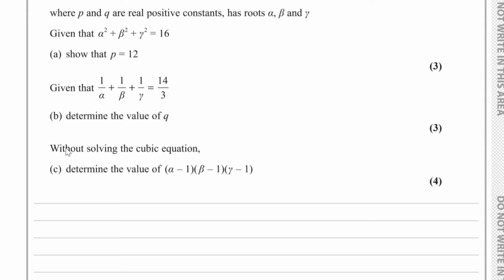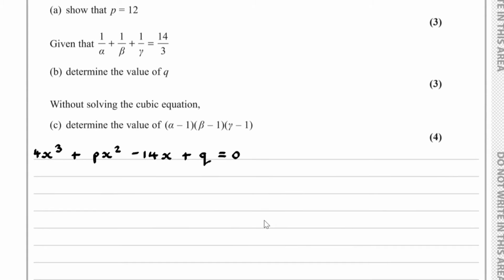Now, we begin this question with our cubic equation 4x cubed plus px squared minus 14x plus q equals 0.